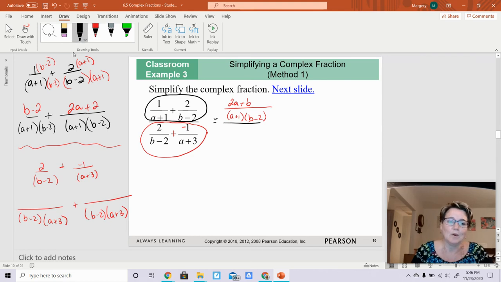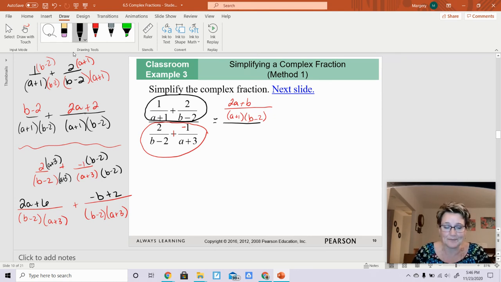Now, what's missing here? Well, a plus 3. Whatever you do to this, you must do to here. So 2a, 2 times 3 is 6. Now here, you're missing a b minus 2. Whatever you do here, you must do here. Negative 1 times b is negative b. Negative 1 times a negative 2 is a positive 2.